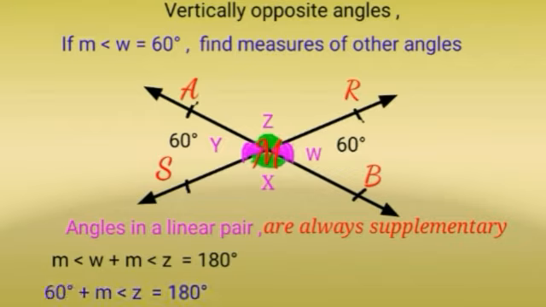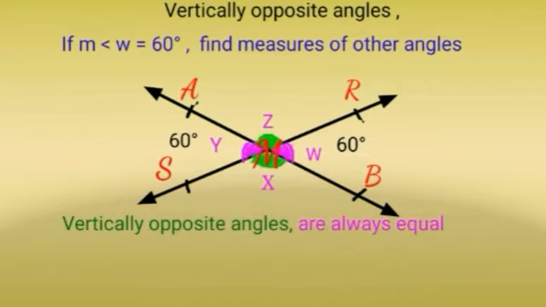That means 60 degrees plus measure of angle Z is equal to 180 degrees. From this, we get measure of angle Z is equal to 180 degrees minus 60 degrees, equal to 120 degrees.